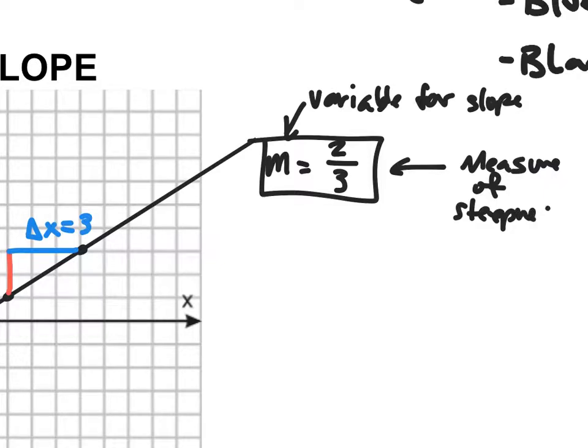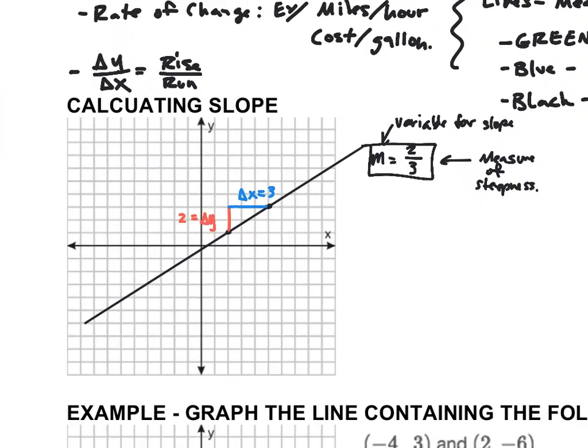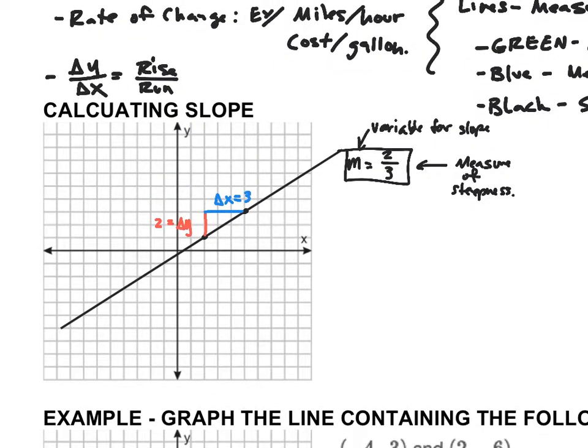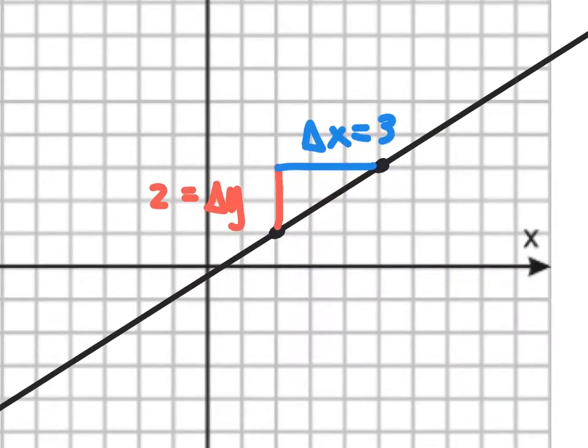Once I have that information, it allows me to measure the slope. And what's cool is I can use any point to do this. If I go from one point to the next, I go up 2 over 3. Same thing here, I go up 2 over 3 to my next point.